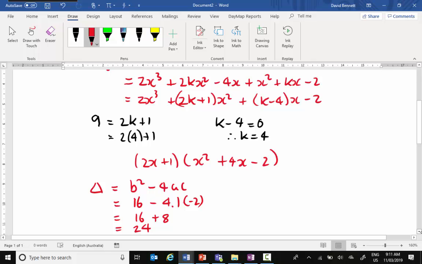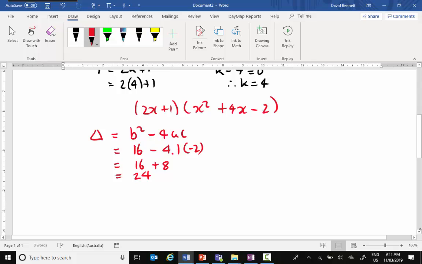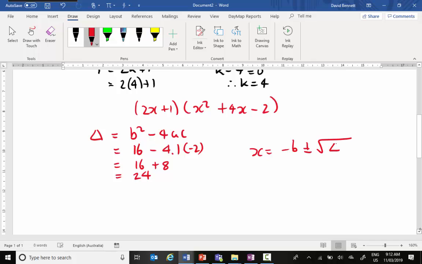I'm going to do that inside the quadratic formula anyway. Now the quadratic formula is x equals minus b plus or minus the square root of the discriminant all over 2a. So therefore x is equal to minus 4 plus or minus the square root of 24 all over 2a.